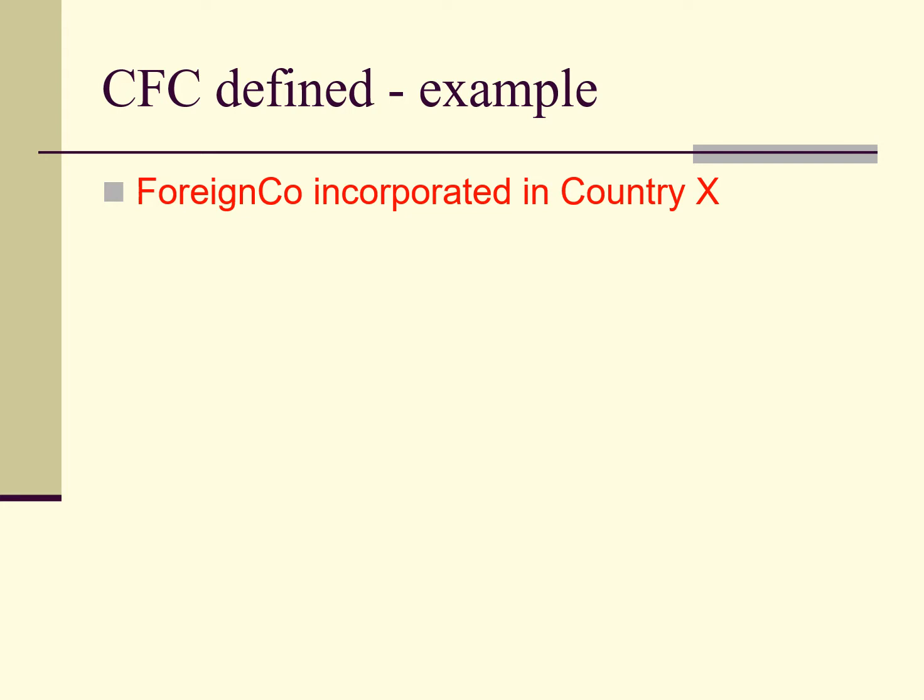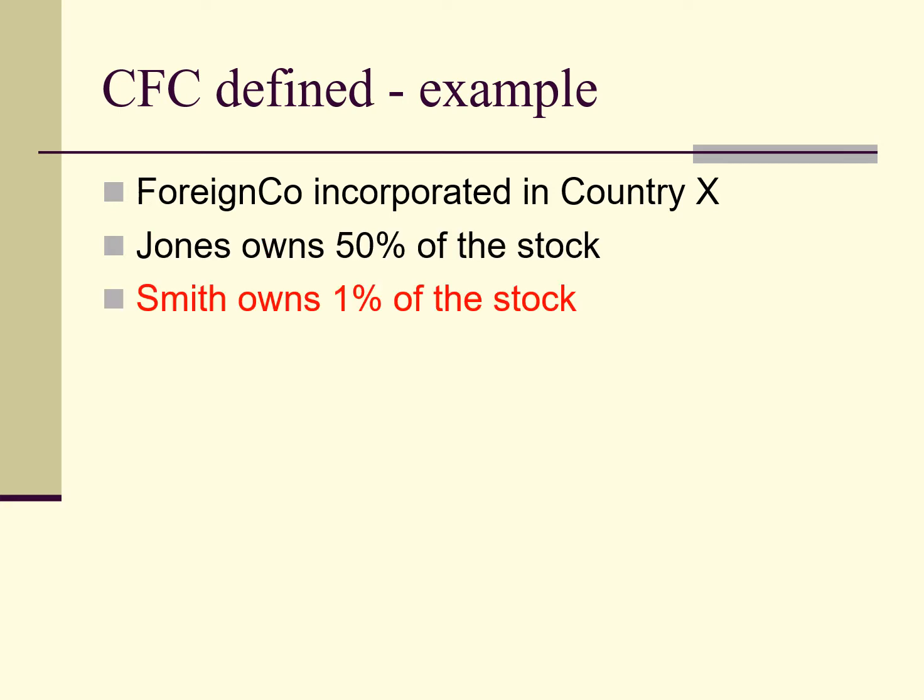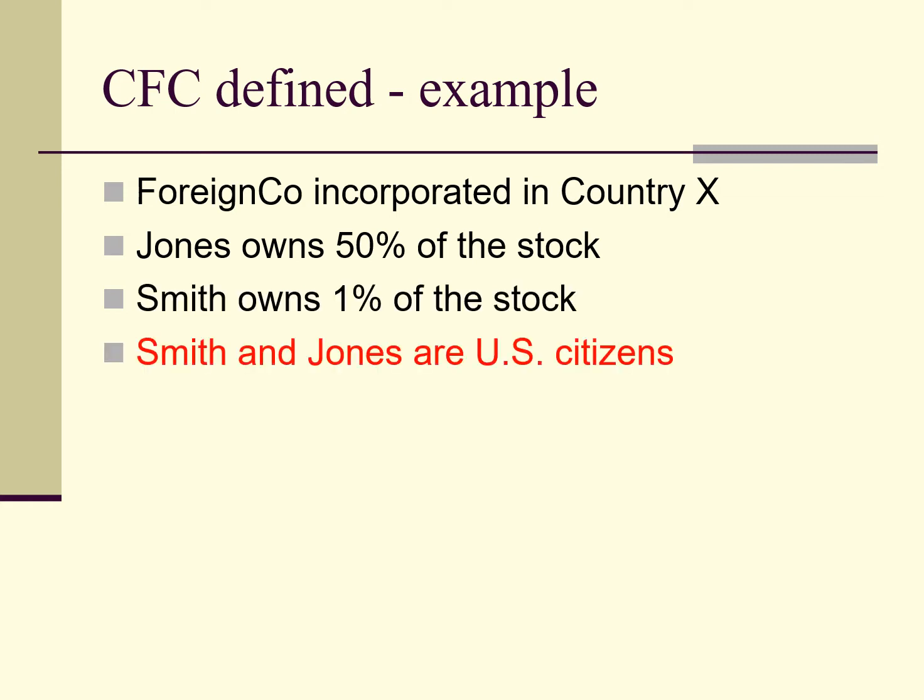Foreign Co. is a foreign corporation organized in country X. Jones owns 50% of the stock of Foreign Co. Smith owns 1% of the stock. Both Jones and Smith are U.S. citizens. Foreign shareholders own the remaining 49% of the company stock.